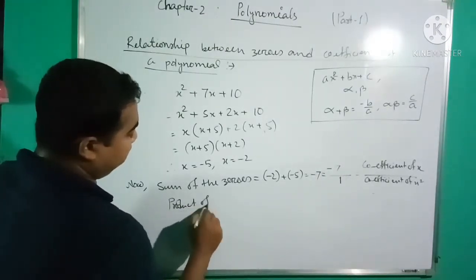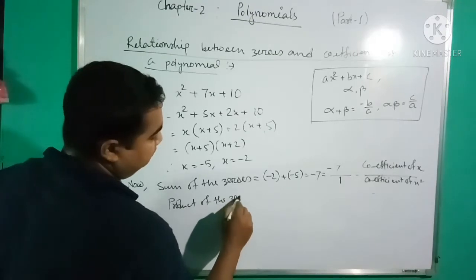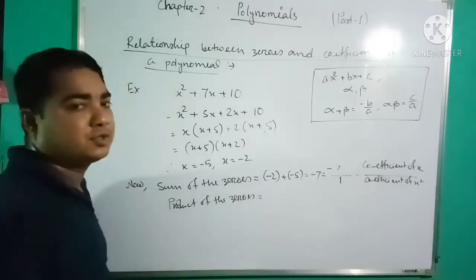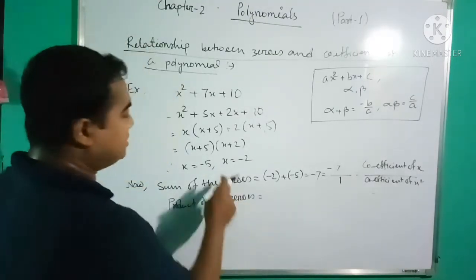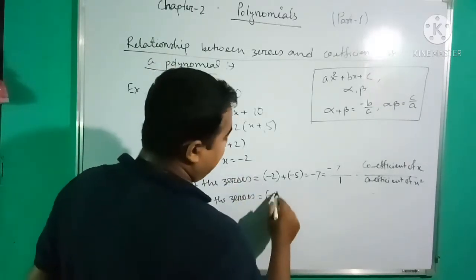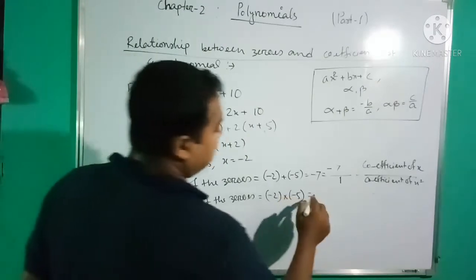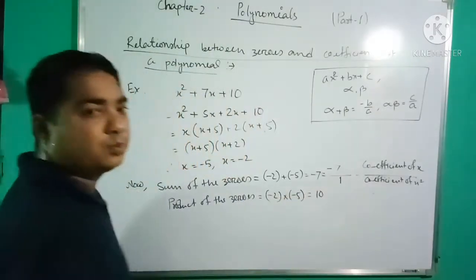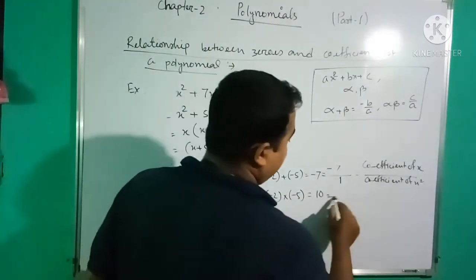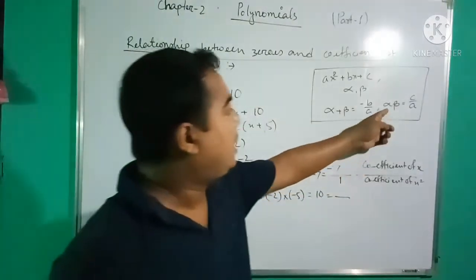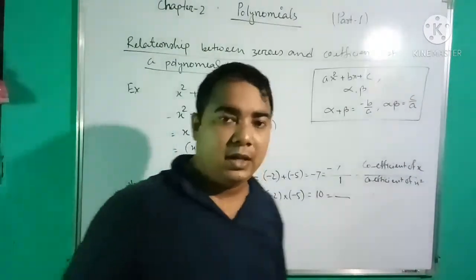Next, product of the zeros. Product meaning multiply. The same zeros, minus 2 and minus 5. Multiply them. 2 5s are 10, minus minus plus. We got plus 10. Then according to the formula, alpha into beta equals c by a.